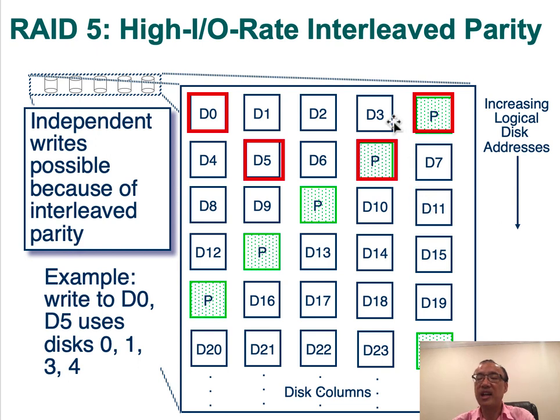In order to overcome this disadvantage, you shift the parity bits. So for the first sector or first byte, you put the parity on the last drive. For the second byte, you put the parity on drive 4. And for the third byte, you put the parity on drive 3.